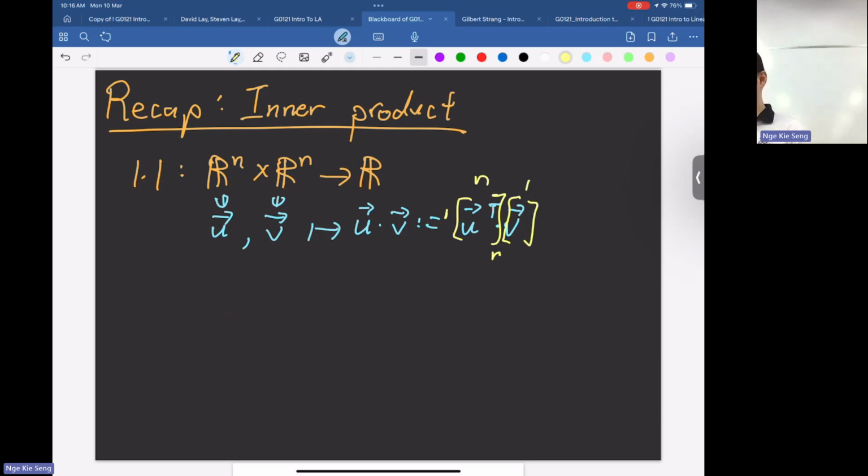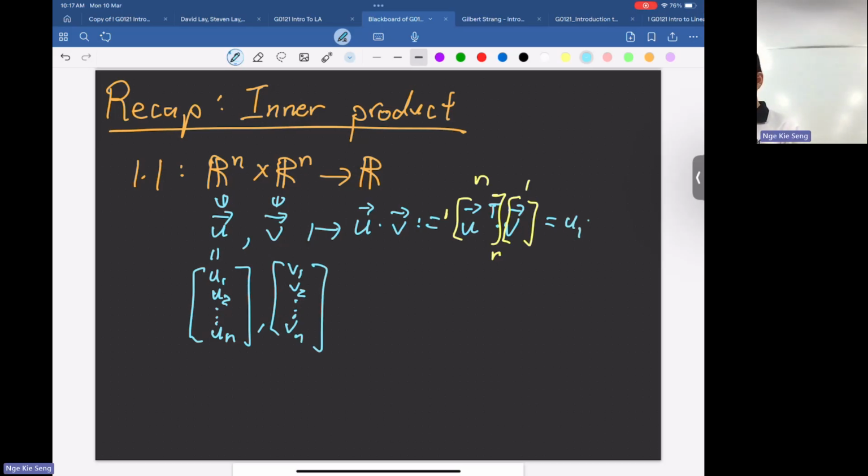Like what Yi Yang says, if you write your vectors as n numbers, you just multiply the corresponding entries and then add them up together.